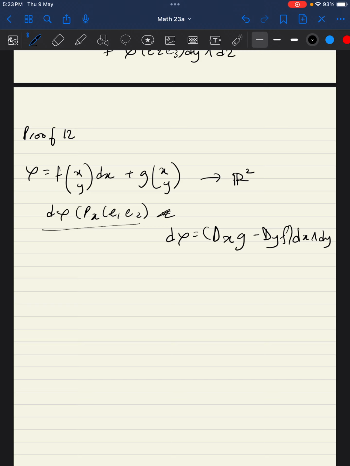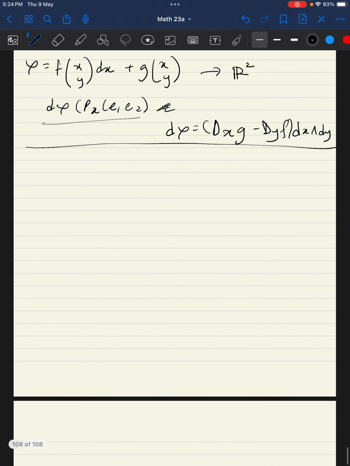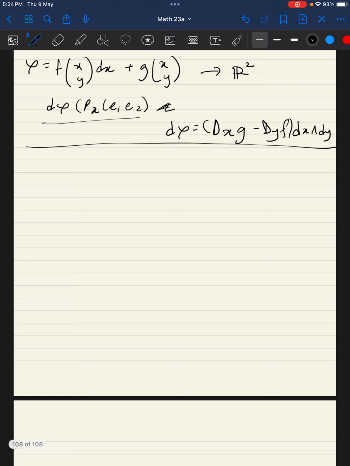I'm going to start off with the thing that we know about this function. We know that phi is a one form, and that would mean that d phi will be a two form. We need to figure out what that does on the basis vectors e1 and e2.